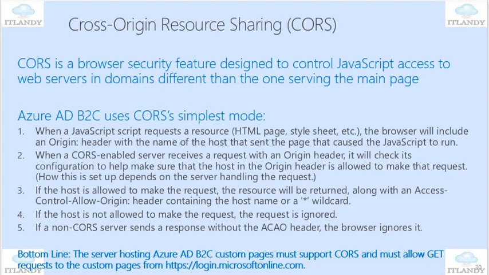How this is set up depends on the server handling the request. If the host is allowed to make the request, the resource will be returned along with the Access-Control-Allow-Origin header containing the host name, or a star as a wildcard. If the host is not allowed to make the request, then it will be ignored.